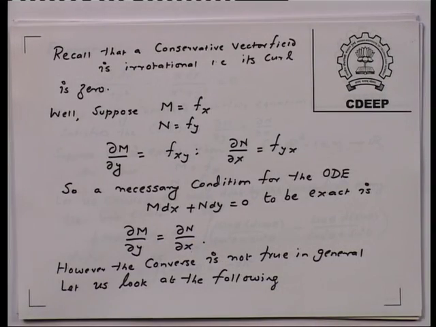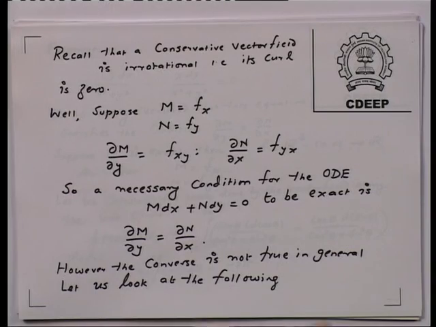Recall from your vector calculus courses that a conservative vector field is irrotational. Is that correct? First of all, what is a conservative vector field in physical terms? A vector field is conservative if the work done along a closed curve is 0. Item number 2, equivalently the vector field admits a scalar potential.